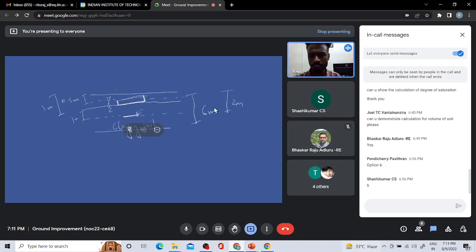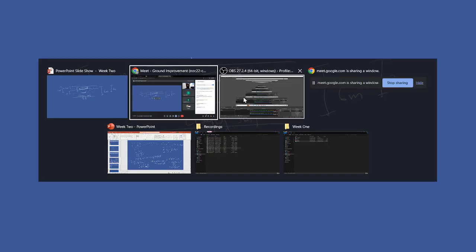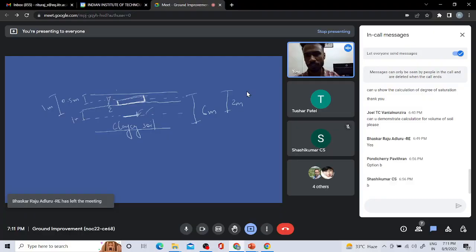So actually, in general practice, we need to calculate for all those three criteria to see whether they satisfy the design criteria or not. But I'll check with that question. You can post your question in the discussion forum also, and I'll be checking this question again.